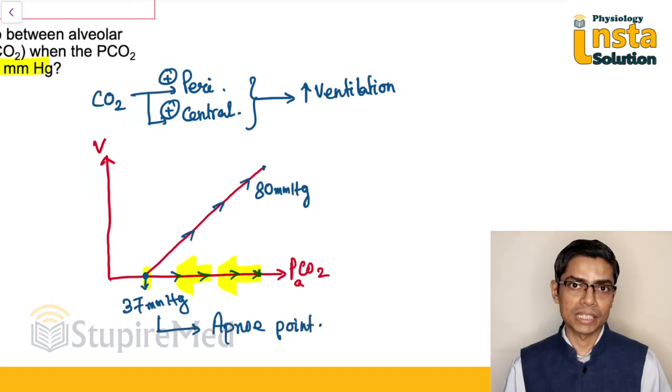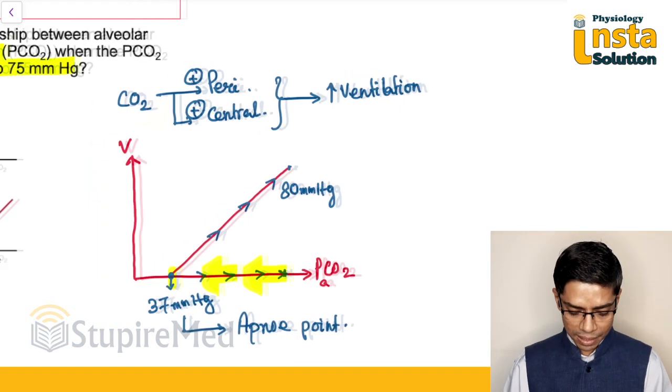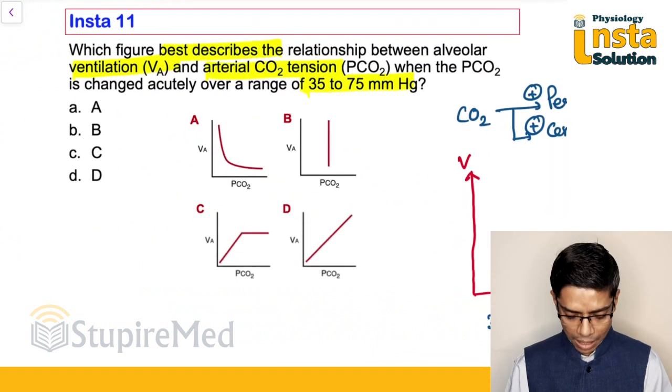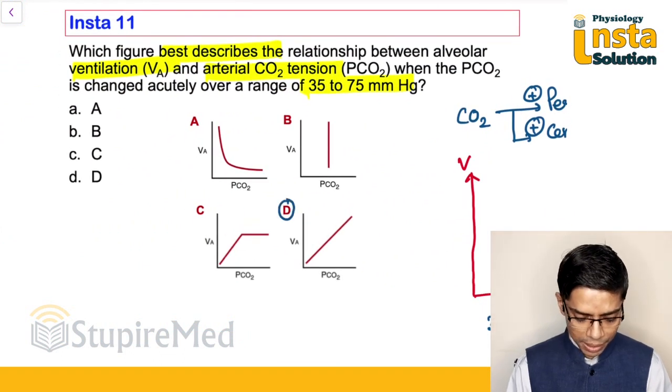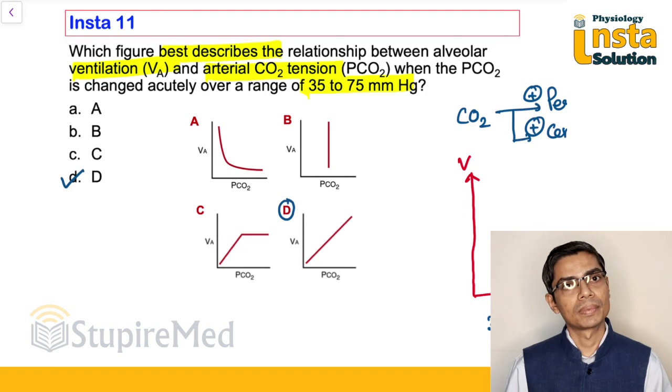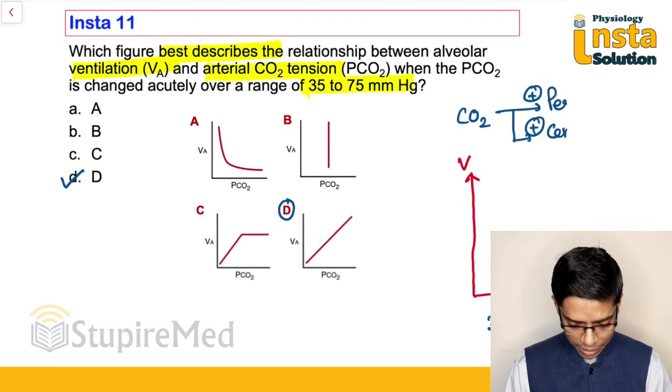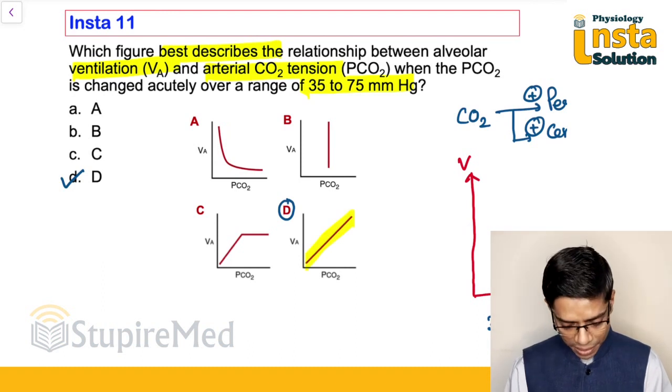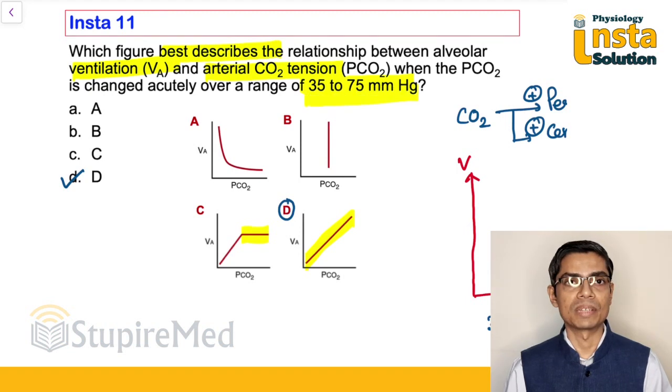So now with this discussion, you can easily understand that in this question, the answer is option D, because we can find the relationship is completely linear. In option C, there is a plateau which is not seen within this range of 35 to 75 millimeter of mercury. So answer is D.